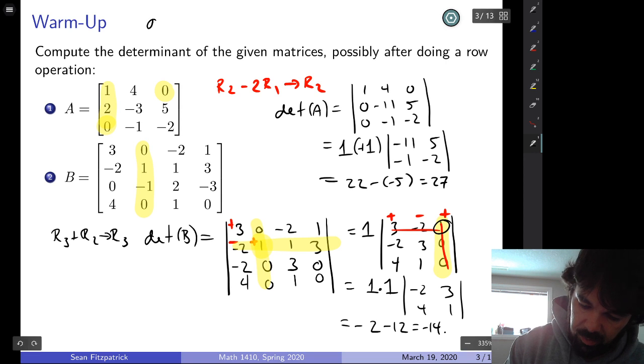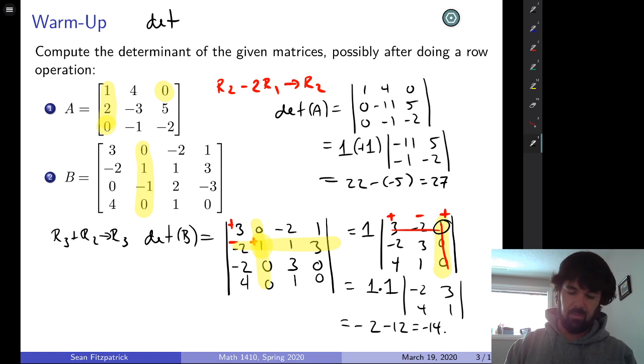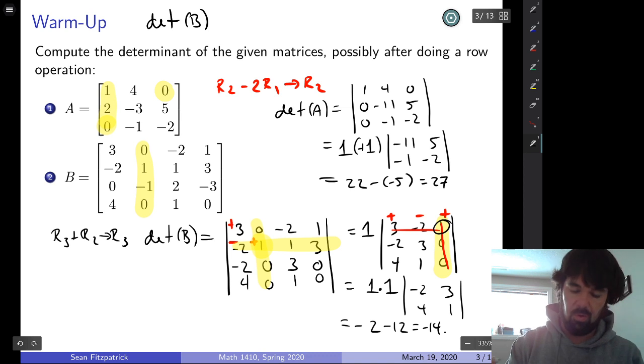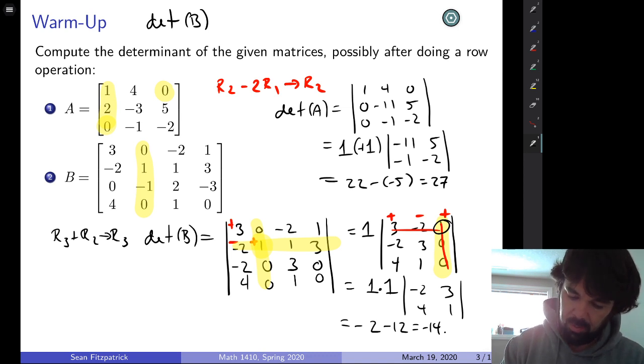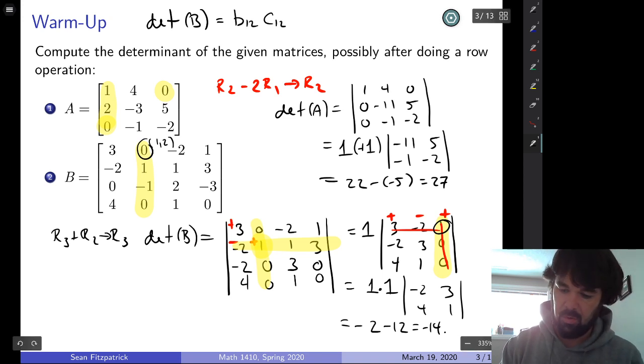The determinant is going to be, so if I was going to go down, let's say column 2 in my 4x4, right? The determinant of B, if I did no row operations and I wanted to do column 2, I would do the 1, 2 entry, right? Row 1, column 2. B12 times C12, the 1, 2 cofactor.